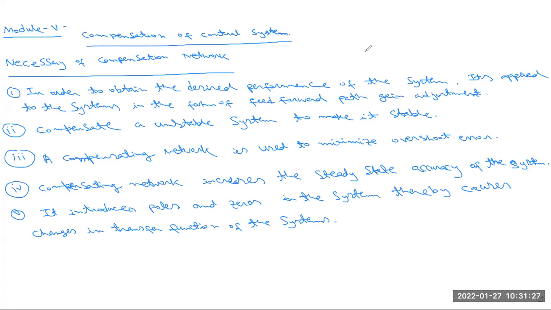So this compensating network introduces poles and zeros, and any changes are reflected in the transfer function of the system. These are the basic necessities for why you have to use a compensation network in our control system.